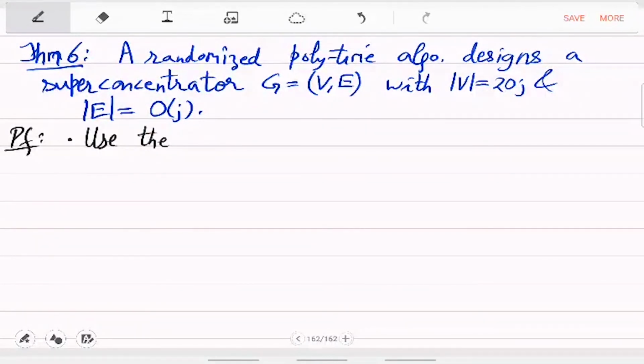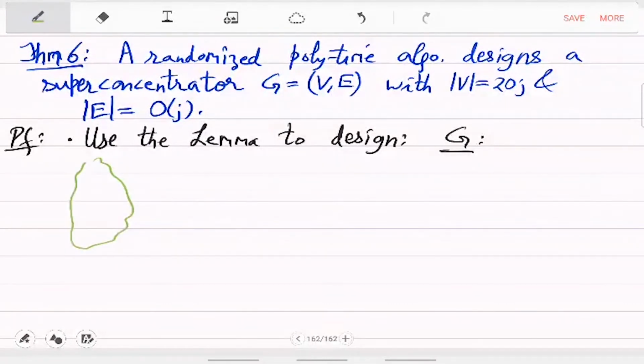So use the lemma to design the following network. This is I, and these are the input nodes, output nodes.